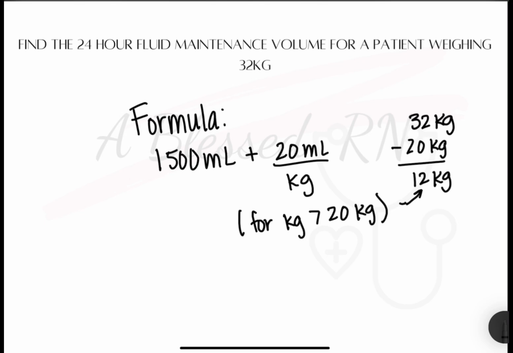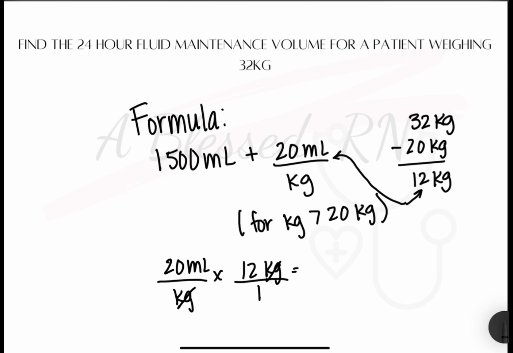So we will just set this up like so. 20 milliliters per kilogram multiplied by 12 kilograms. And you see that your kilograms are on the top and on the bottom, so of course they cancel out just like any regular dimensional analysis problem, and you're left with your milliliters.